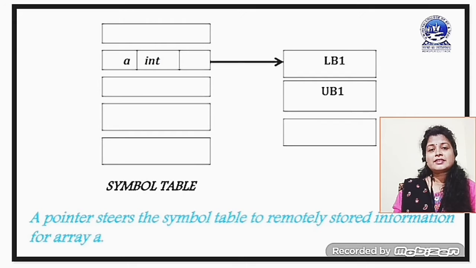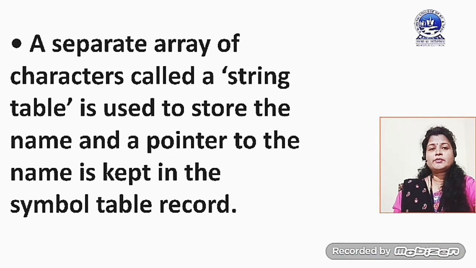For that reason we are using one extra memory in which the information is kept, and one pointer refers to the extra memory unit. In this way, whenever you need to store extra information, one extra memory location is used and a pointer refers to that memory location. Pointer information is maintained in the symbol table.